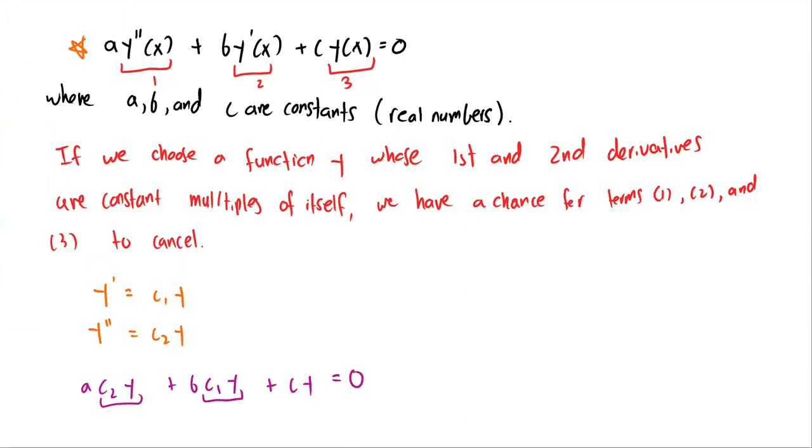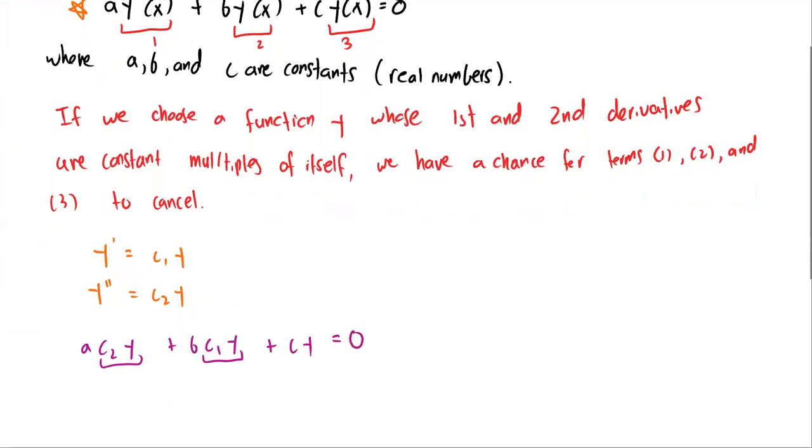And here you can see that it is possible for the terms to cancel, because what would we need? We can factor the y out of each term. So we would be left with a times c2 plus b times c1 plus c, times y, equals 0. So if we were to choose correct scalar multiples, in particular, if this equals 0, which is possible, right? These are all constants, so it's possible for a times c2 plus b times c1 plus c to be equal to 0.